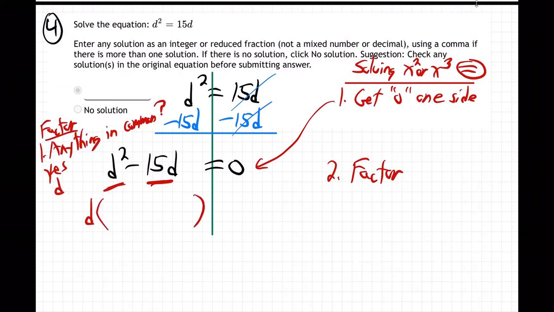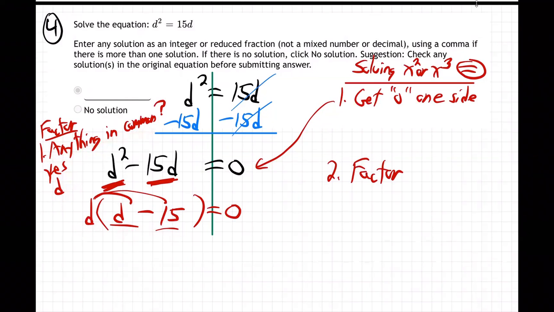So you take out the d, and you put the two things on the inside with the minus in between. Say d times what? D times d would go back to d squared, and d times what? D times 15 would go back to 15d. You tracking with me? So d times d is d squared, and d times 15 is 15d. So was there anything common? Yes, d. You take it out and you put one big parenthesis.